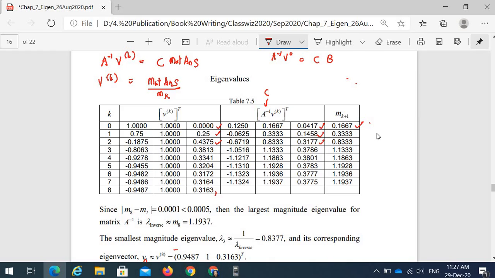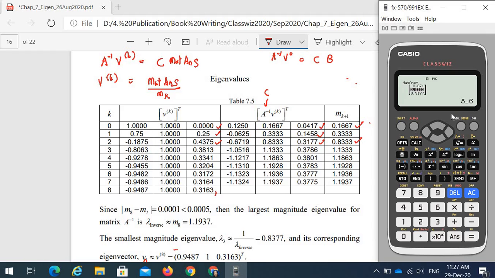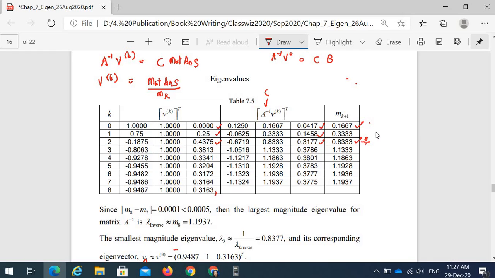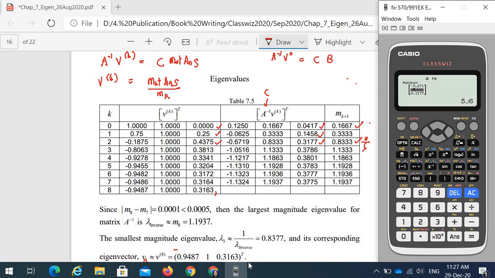3177. Okay. The largest magnitude is here. C is here. Let me show you one more value. So this one is 5 over 6. Okay. So to get the next V3, the next answer, divide by 5 over 6.